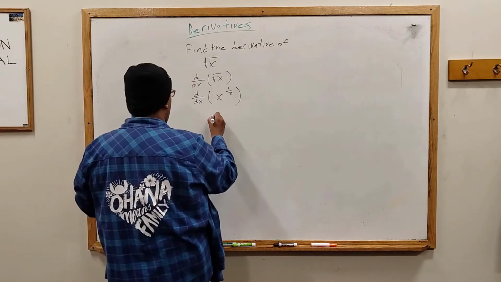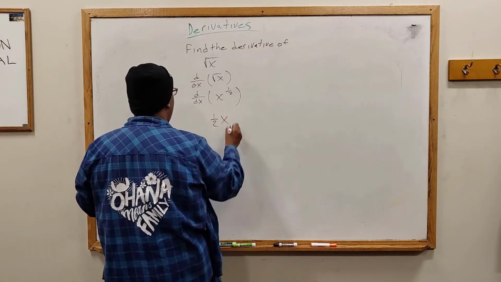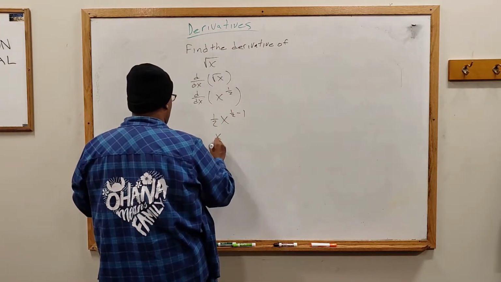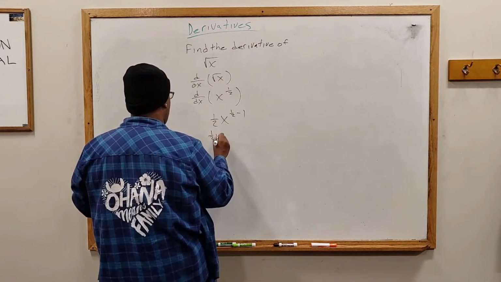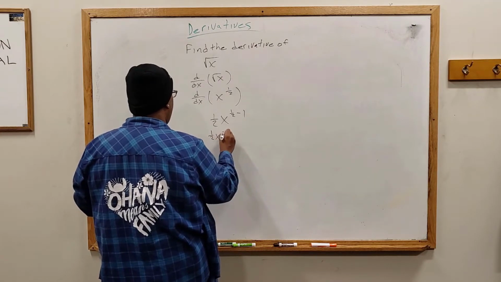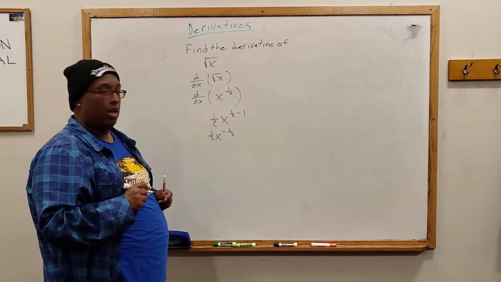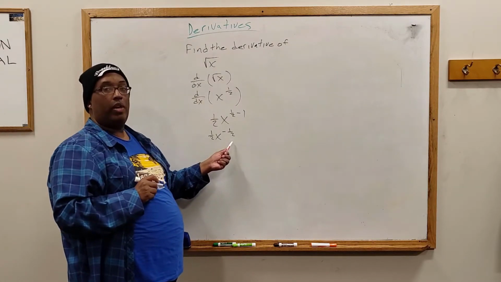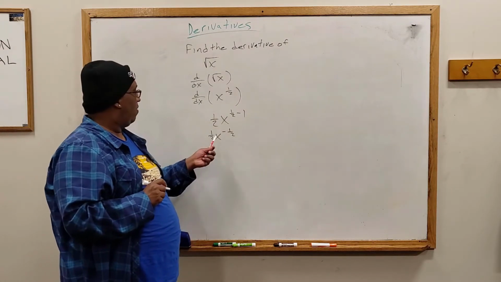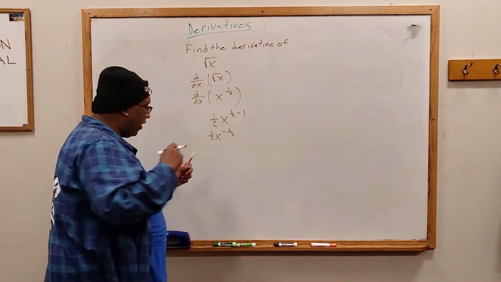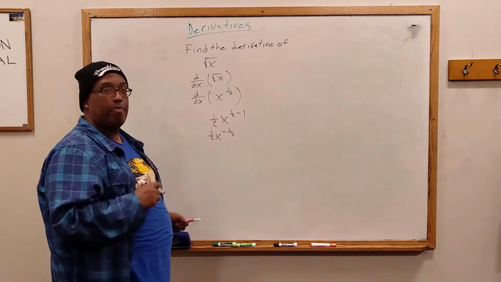So we get 1/2 x to the 1/2 minus 1, or 1/2 x to the negative 1/2. Well, that negative tells us to move it. I always say when I see a negative in the exponent position, I like to move it. So we got to move that base.